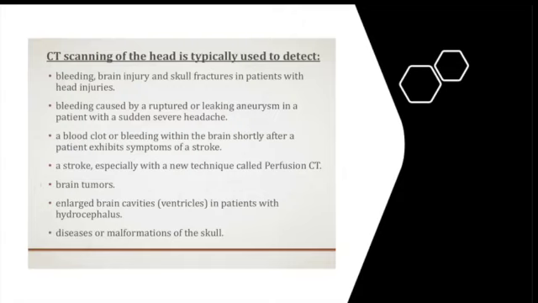If you are suspecting tumors on a patient who might have any symptoms of intracranial pressure, maybe they're losing weight, please also order a CT. If you are suspecting any bleeding, maybe you're suspecting a ruptured aneurysm, which we may suspect in a patient with a sudden severe headache, then also please order a CT.